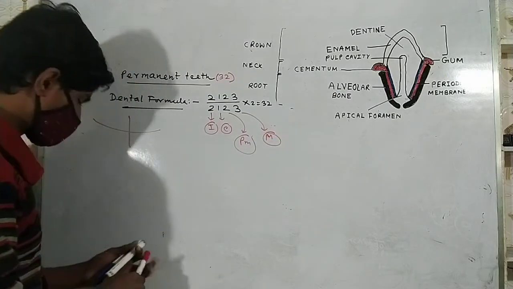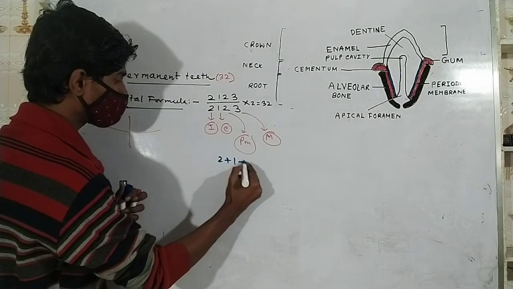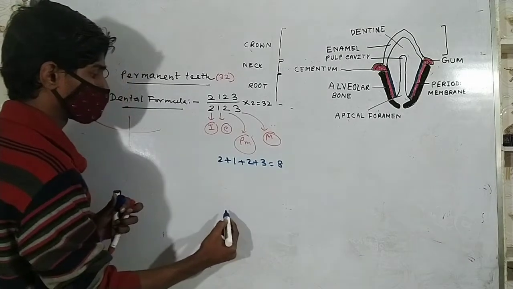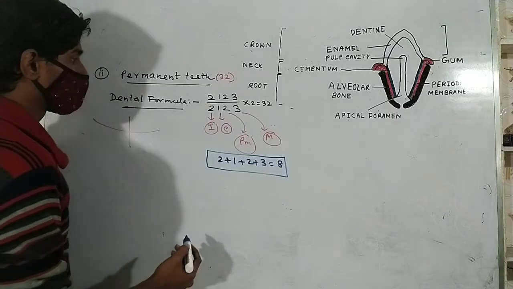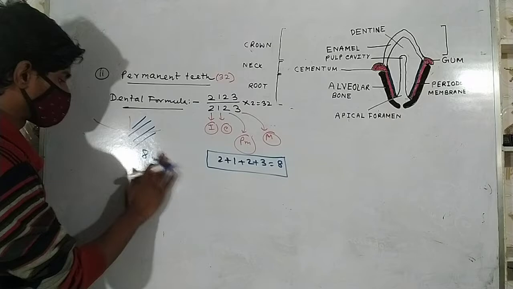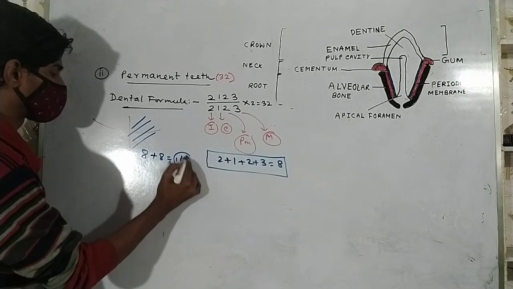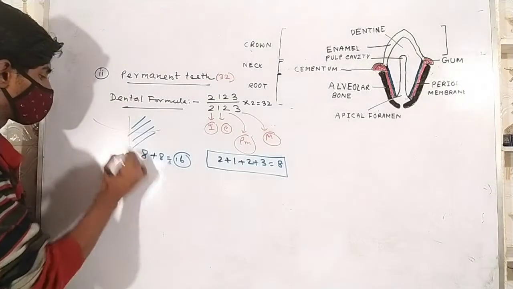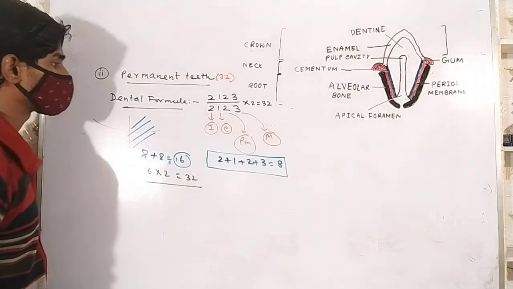So basically we have 2 plus 1 plus 2 plus 3, that is 8 teeth in each quadrant. If we talk about half of the jaw, 8 plus 8 is 16 teeth, and thus the entire framework has 16 into 2, that is 32 teeth.